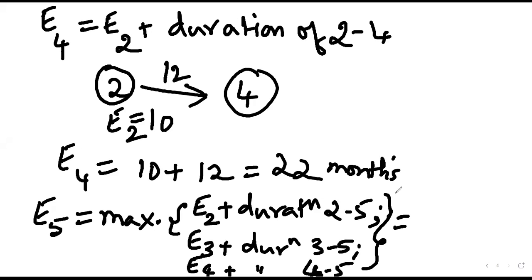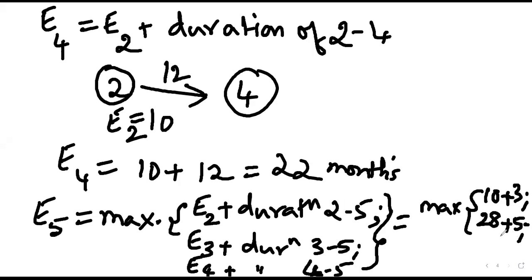Next, the maximum of what will be the first value? E2 plus duration 2-5, 10 plus 3. Next, 28 plus 5, and 22 plus 10.